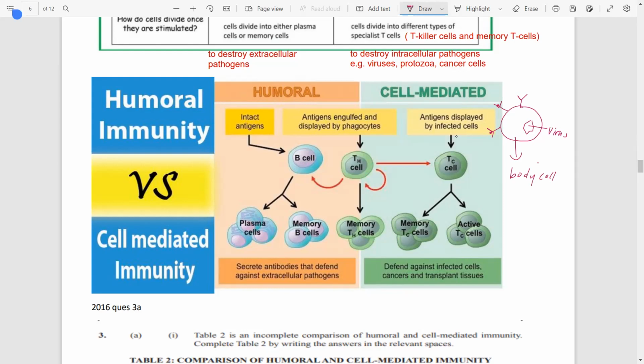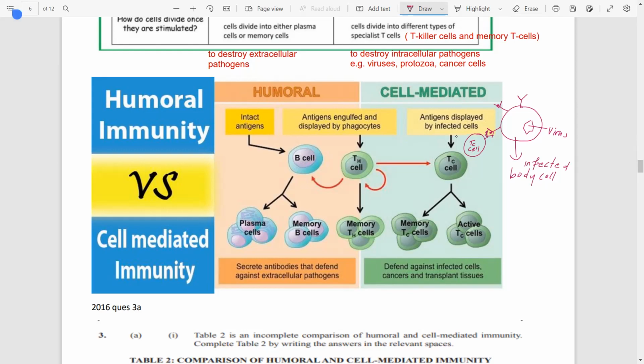And it's going to present it to the cytotoxic T cell, right? So the cytotoxic T cell would be able to come and bind to whatever receptor is being given off by this infected cell. And it realizes that the cell has become compromised because it has been infected.